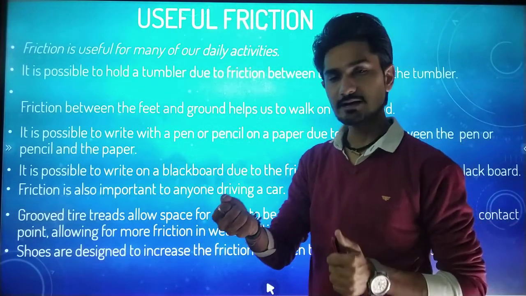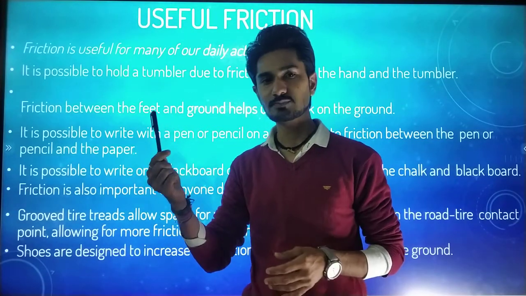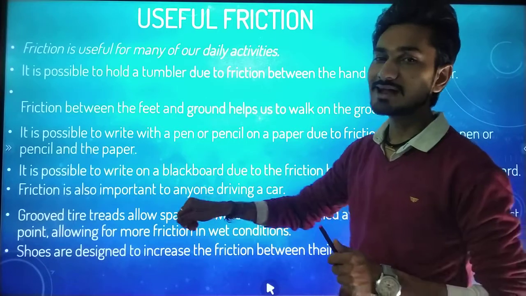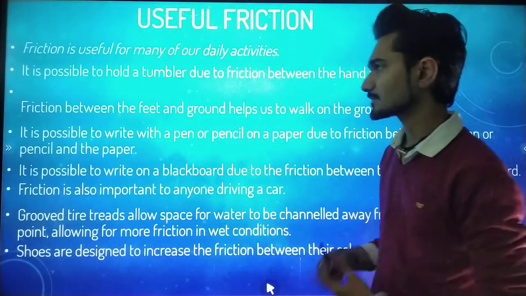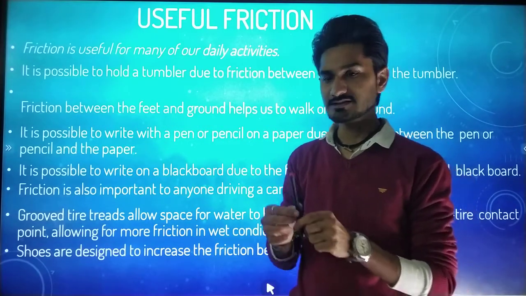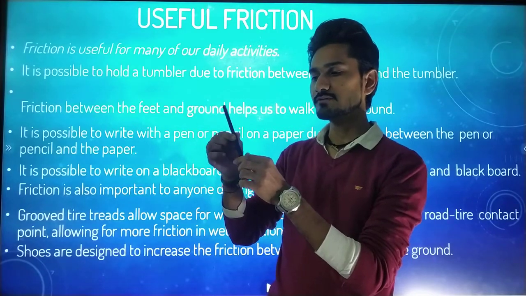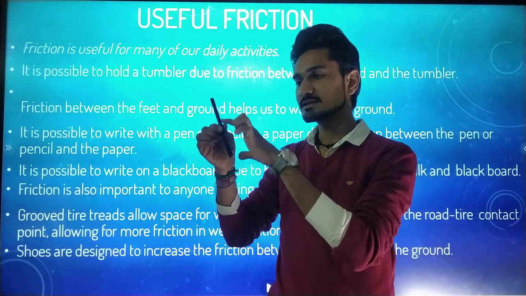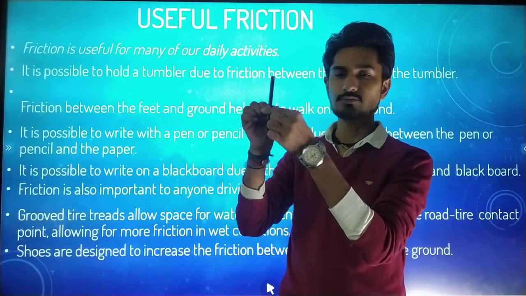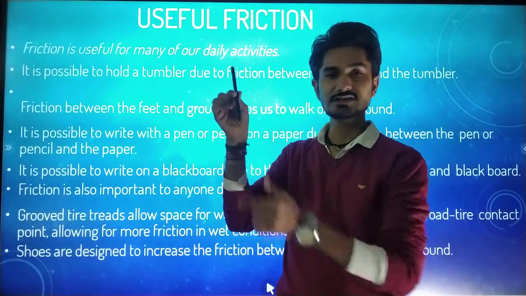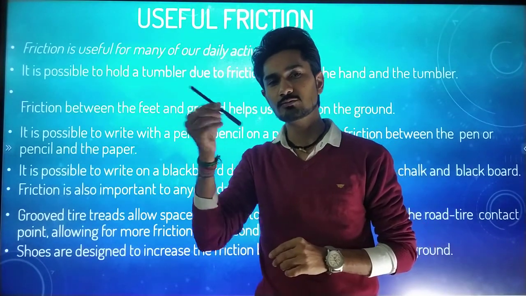If friction is not applied, then we cannot hold the tumbler, the mobile, this pen, this pen drive, or books. So for that we need friction force, and due to that friction I can hold the pen, because the friction between the surface of the pen and my hand is equal to the force I am applying, and due to that it stays in my hand.